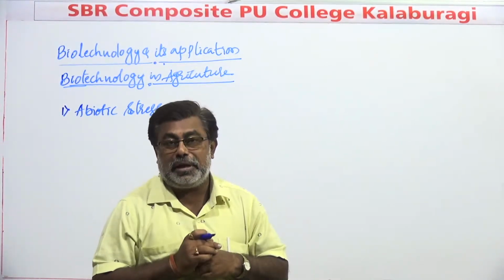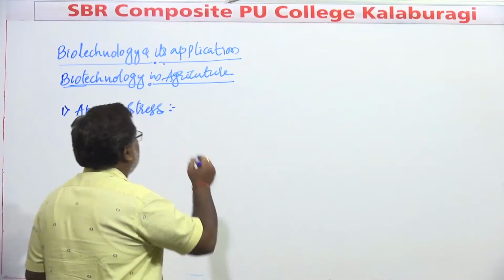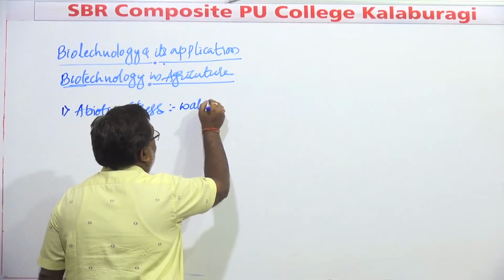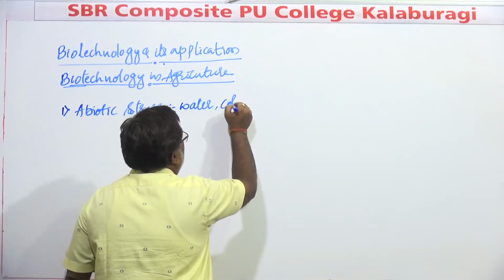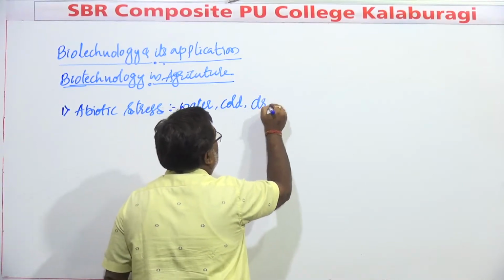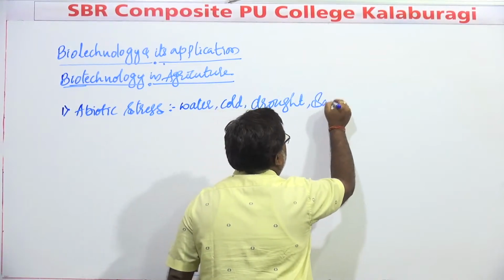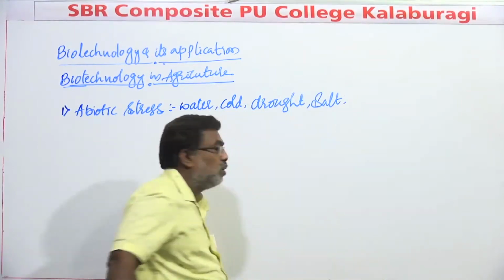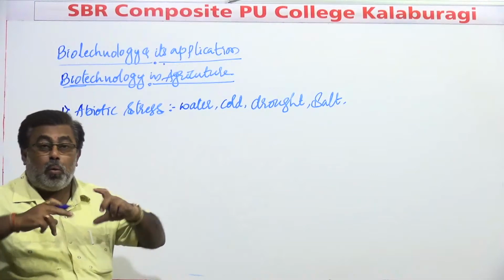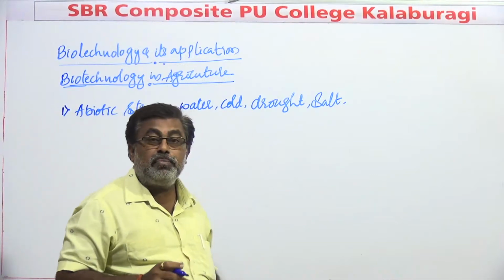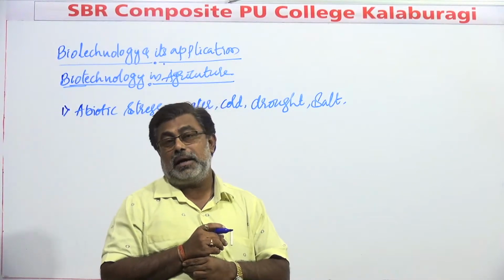So what are the abiotic stresses? They are water, cold, drought, and salt.